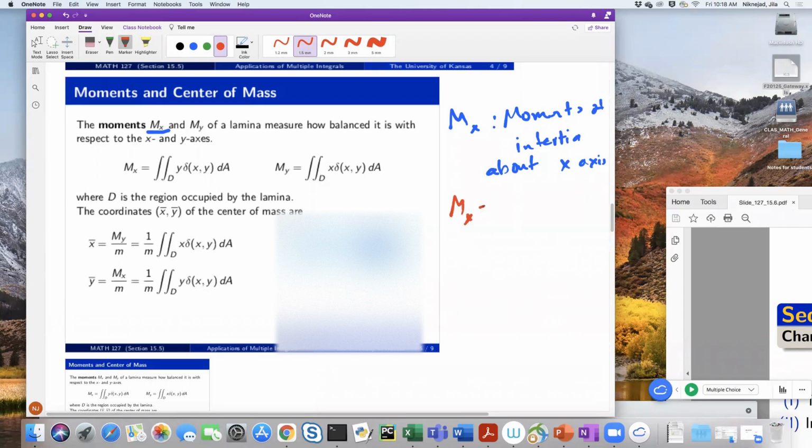And so it's m sub x. If you remember the teeter-totter, the distance from the center, that was the one-dimensional situation, right? We're going to two dimensions now. Teeter-totter, the point that you're finding the rotation about, you find the distance from that point, you multiply by the weight, right?